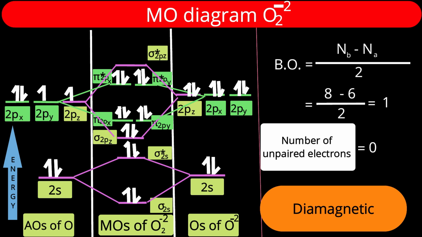So in the anion the number of electrons is more, so the hold of the nucleus on the electron will be relatively low, causing an increase in the size of O 2-. If the size is more, the orbitals are away from the nucleus, and if orbitals are away from the nucleus, then their energy will be higher. So the respective orbitals of O 2- will be of higher energy.